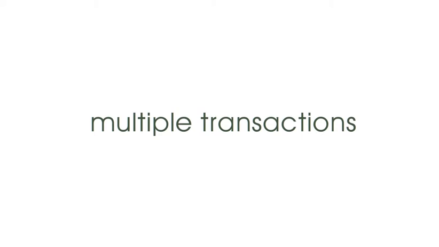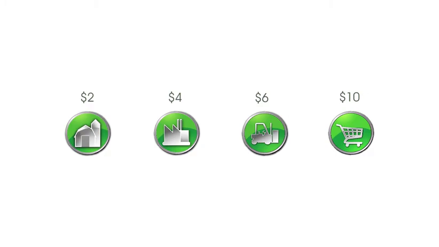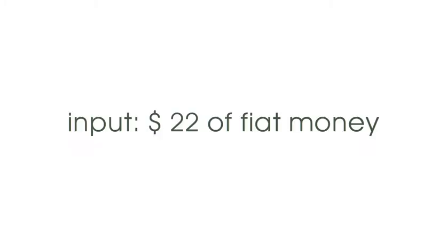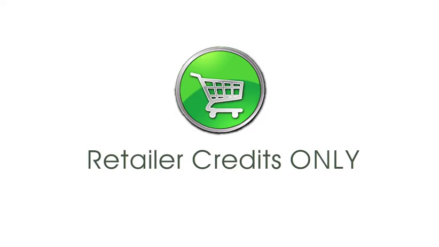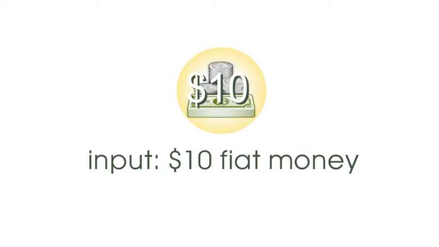However, to do it this way required multiple exchanges of 4 different producer credits for a total of $22 in fiat money. Limiting the issuance of producer credits to the retailer only makes the whole system much simpler and requires as little as one sale of producer credits for just $10 of fiat money.